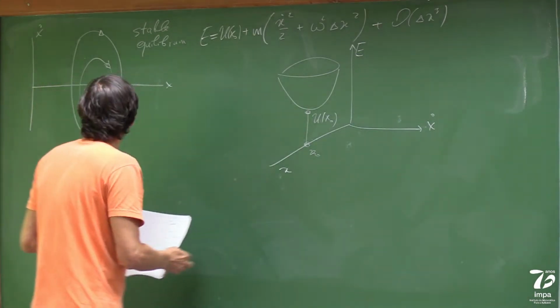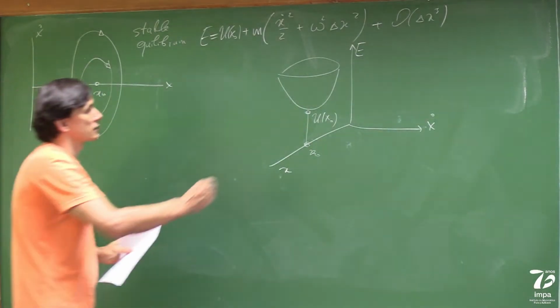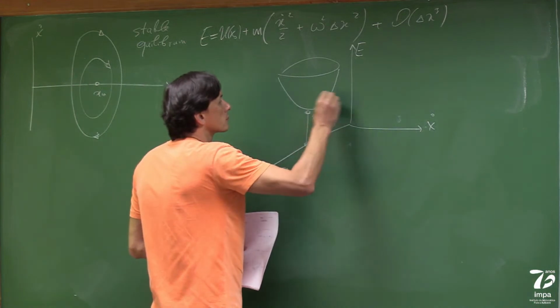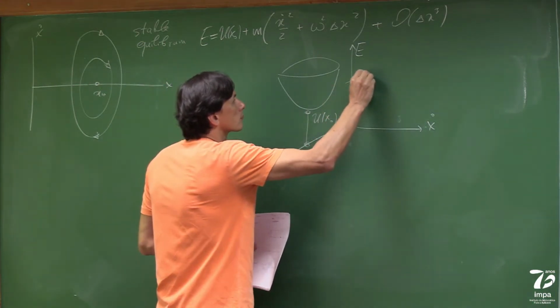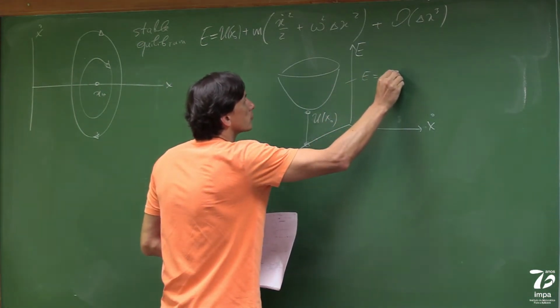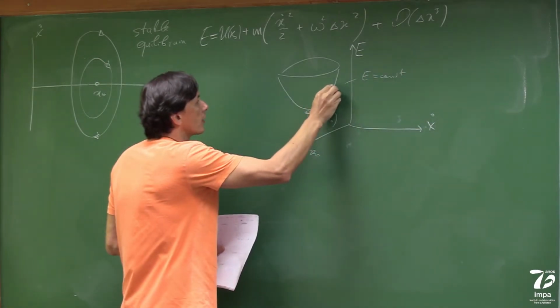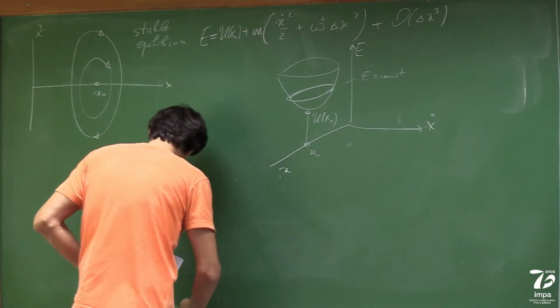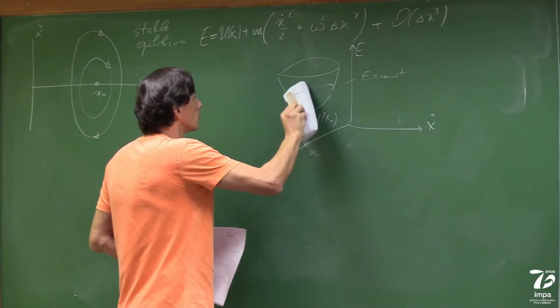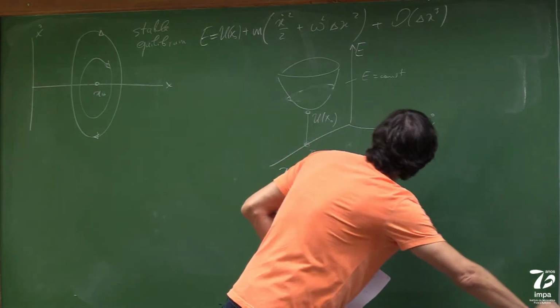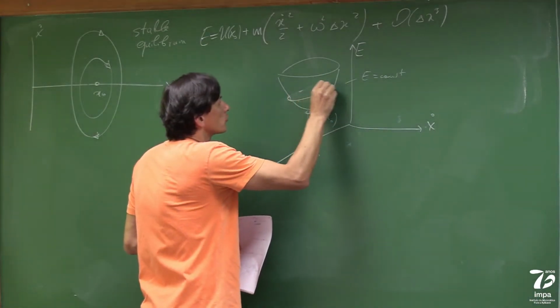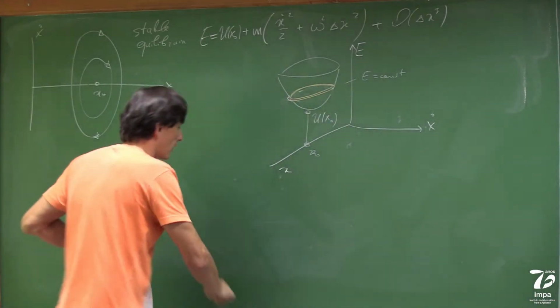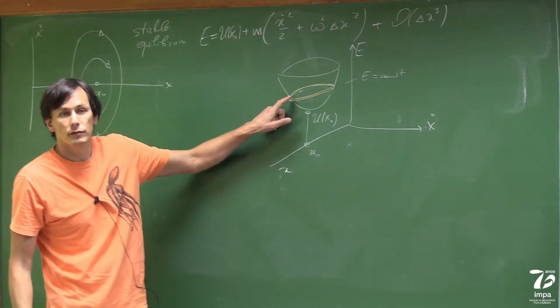And essentially what these curves are is the cross-section, so the level is just a level curve of energy, because energy is conserved. So this is what I erased here. We know that energy is conserved.